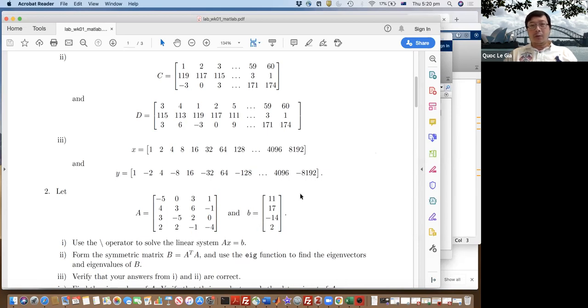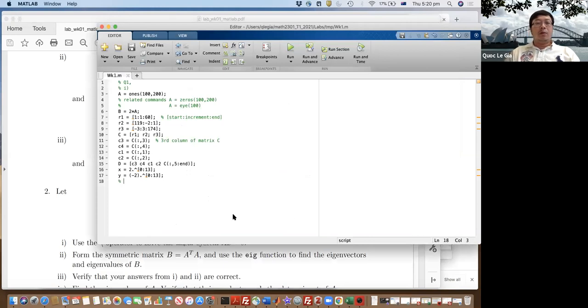So now we start question 2. So let me go to question 2. Question 2 is solving the linear system, yeah? So now let me define the matrix A. And the matrix A is exactly like given in the problem.